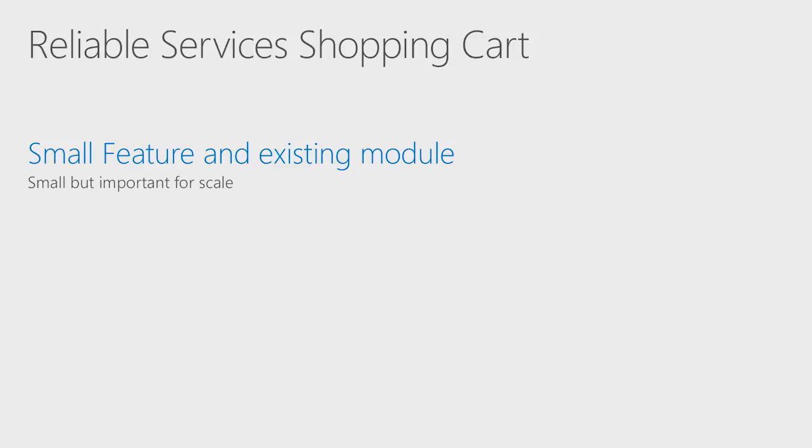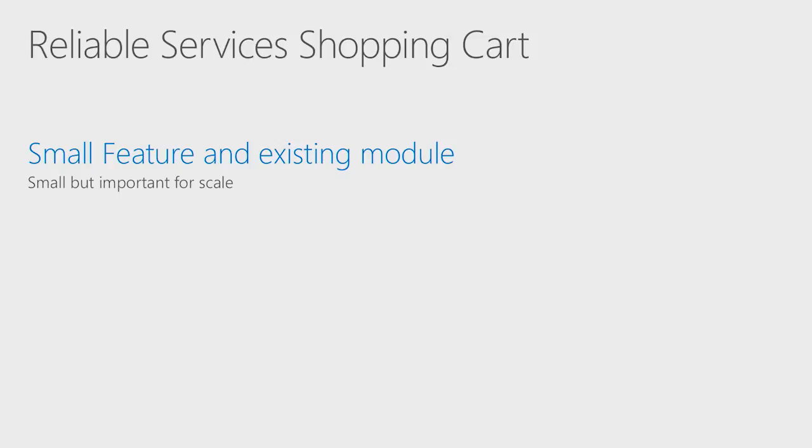So we are going to go into that existing web forms application that we have already seen, and then we are going to extract out the shopping cart. So we're going to go in and extract out existing solutions. The reason we chose the shopping cart in this scenario is because it's a small feature. It's a fairly existing module within the solution, but it's also incredibly important to scale, and important to the business.